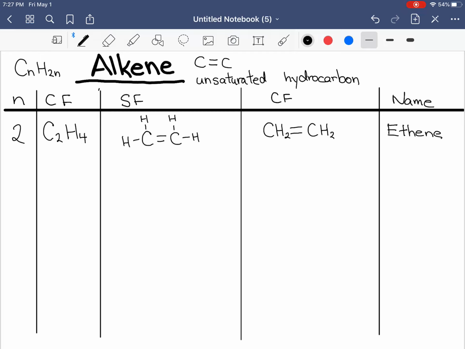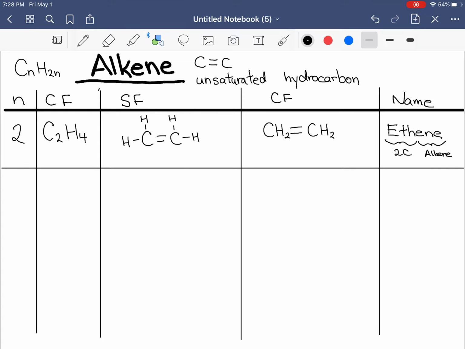Once again, eth because of 2 carbon, ene because of the alkene functional group. How does that sound? All right, let's move on.